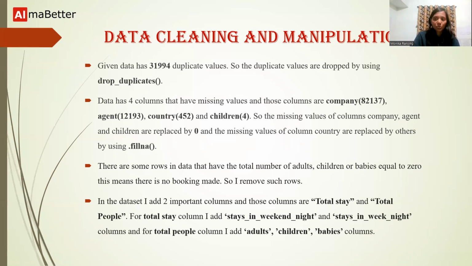So I removed such rows from the given data. And I added two important columns, total stay and total people. Total stay is the addition of stays in weekend nights and stays in week nights columns, and total people is the addition of adults, children, and babies columns.